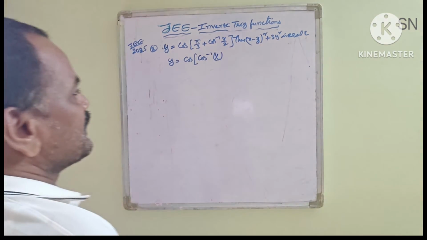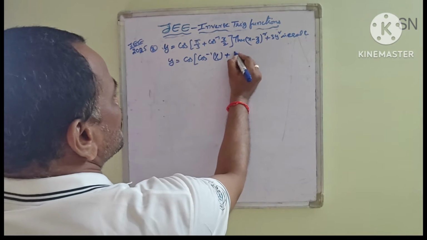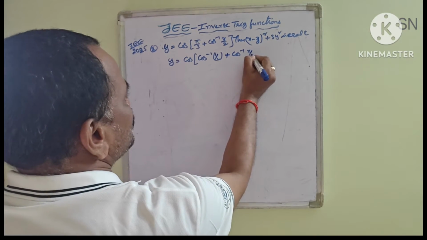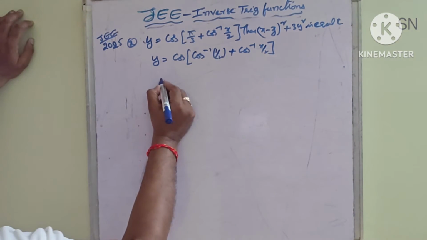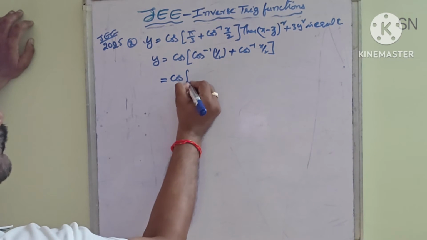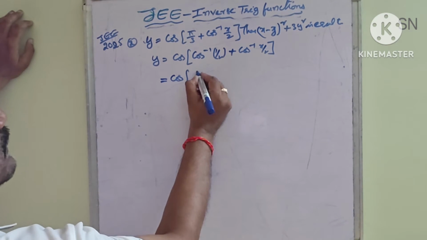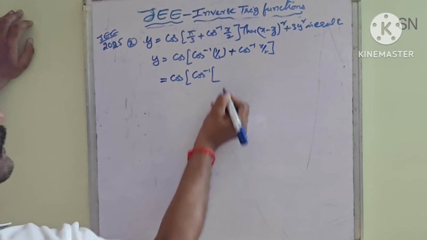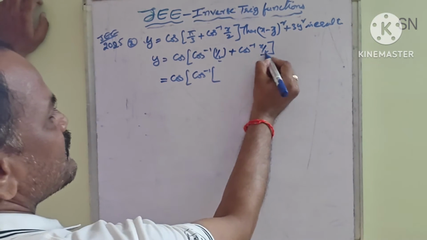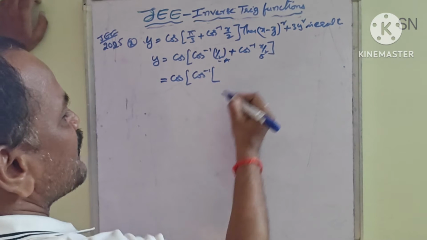So cos pi by 3 is 1 by 2. Now cos inverse x plus cos inverse y is equal to cos inverse of, this is A, this is B.